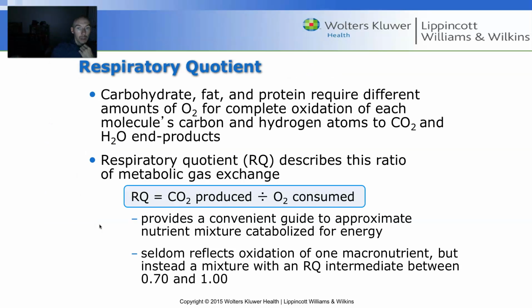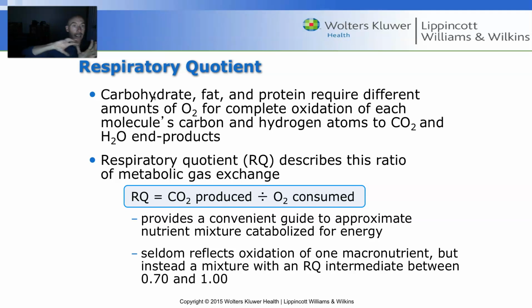So what I want to finish up with is to go into this respiratory quotient a little bit more, because this is valuable as well. So if we just kind of take a look at this first bullet point, the things that we eat, carbohydrate, fat, and protein, when they're broken down and converted into ultimately glucose, amino acids, fatty acids, and then ultimately into ATP, they require a different amount of CO2 and oxygen to be broken down, okay?